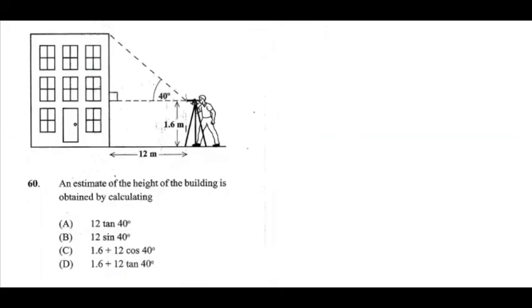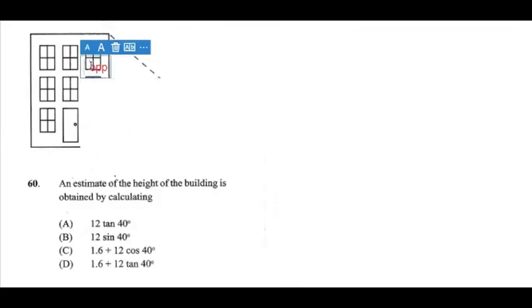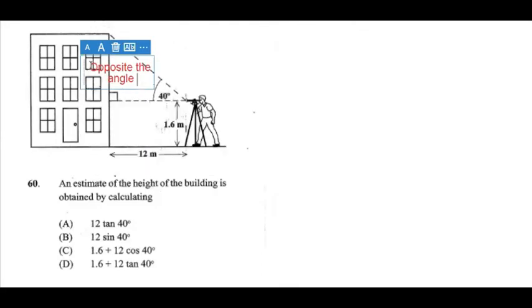So we are given this angle of elevation, 40 degrees. So therefore the height of the building is opposite the angle, and they gave us the length which is adjacent to the angle, which is the 12 meters, how far the surveyor is standing from the building.